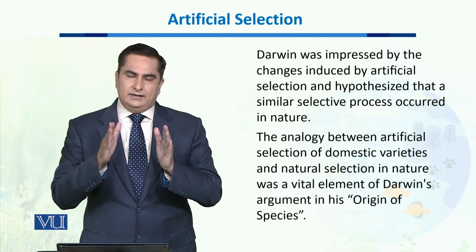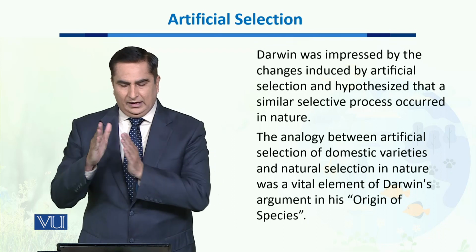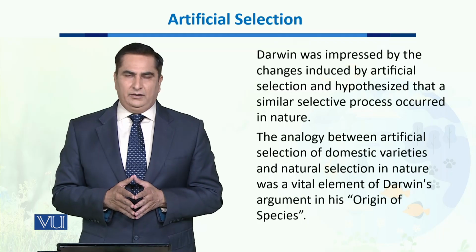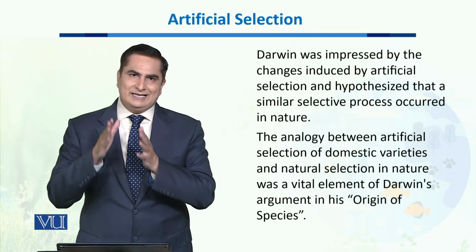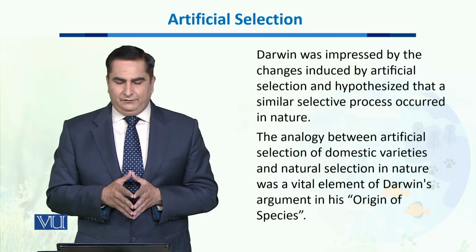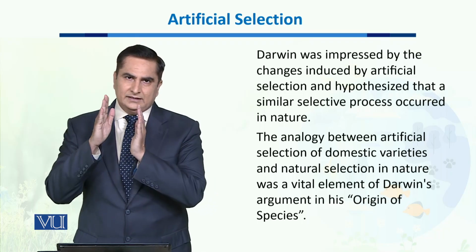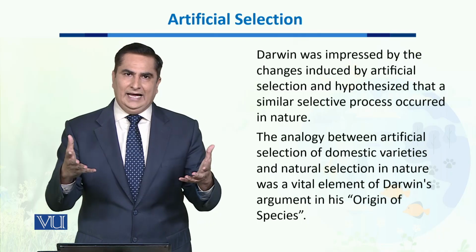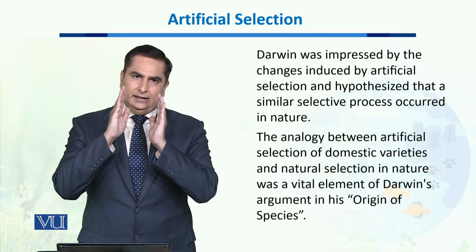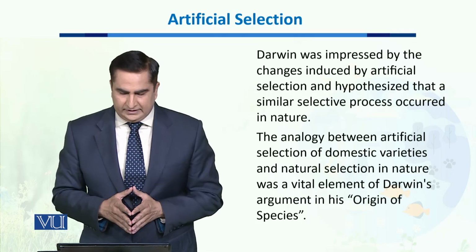Darwin was very much impressed by the changes induced by artificial selection, and he hypothesized that similar selective changes are also done by nature, which selects by favoring certain organisms with certain characteristics.